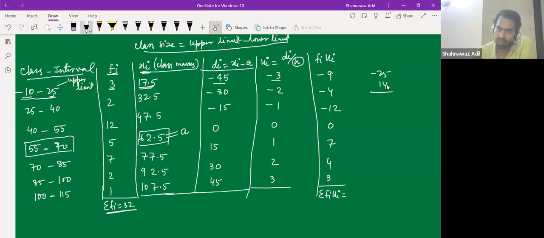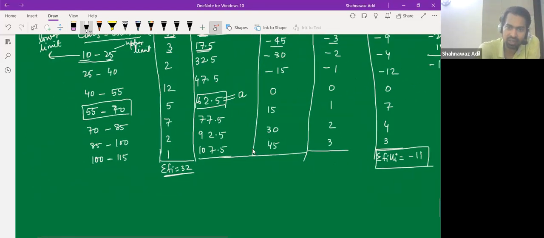So this is how much? 14 minus 25 is minus 11, right? So you guys can see how small these numbers are. Without using the calculator, we can calculate these numbers. Understood, everyone? Yes, sir.